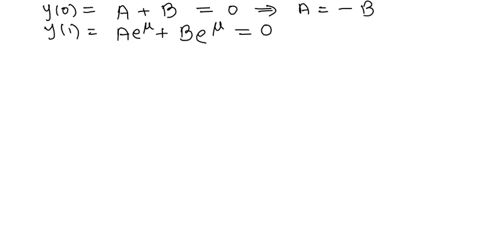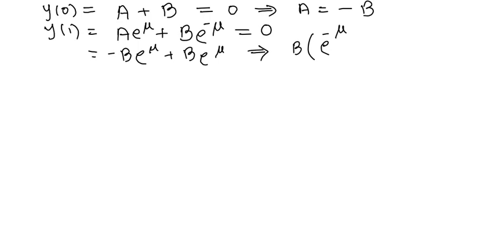So if I substitute minus b here, what I will get? That will imply b into, e raised to minus mu minus e raised to mu is equal to 0.